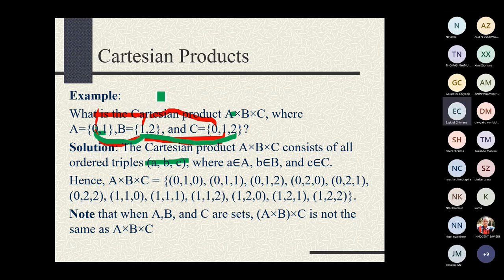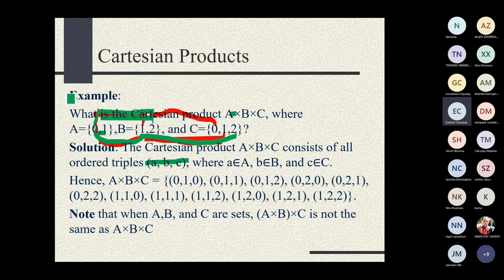After that, you move on to the next element in your second set. So you pair 0 with the 2, and with the rest of these elements.